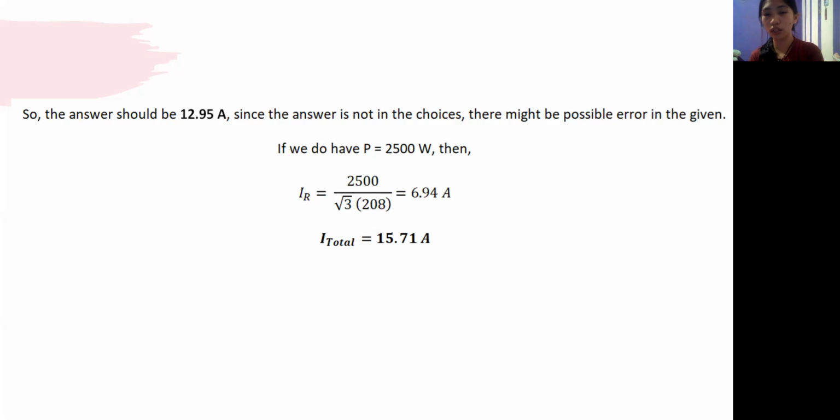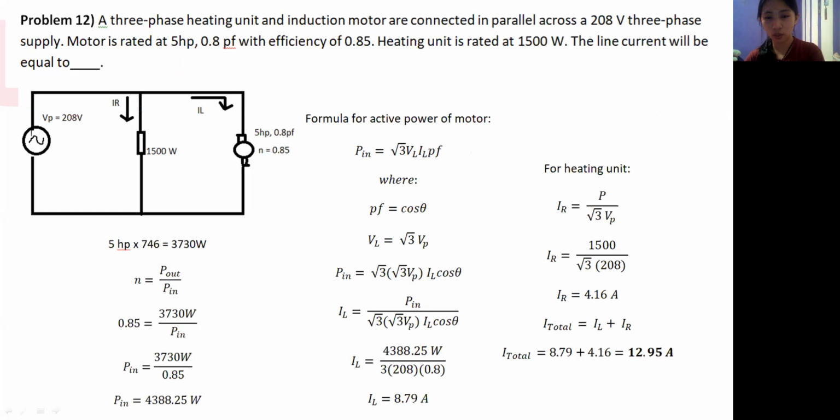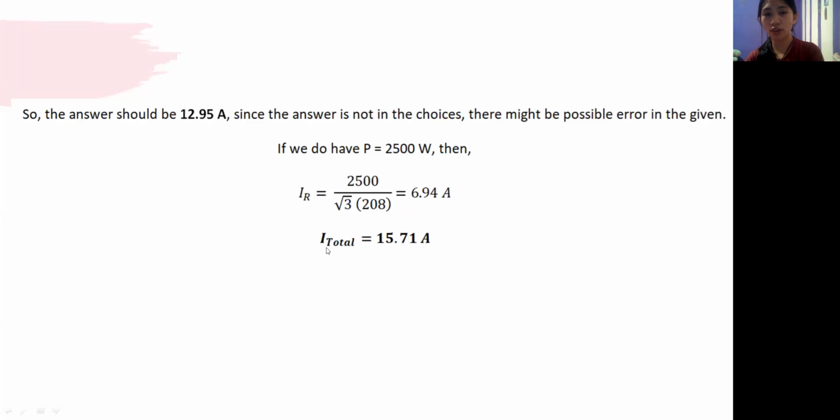For the total current, we just add what we got, 8.79 amperes and 6.94 amperes, so the total current in the circuit is equal to 15.71 amperes. This answer is in the choices, so it might be possible that there is an error in the given. That would be all. Thank you.